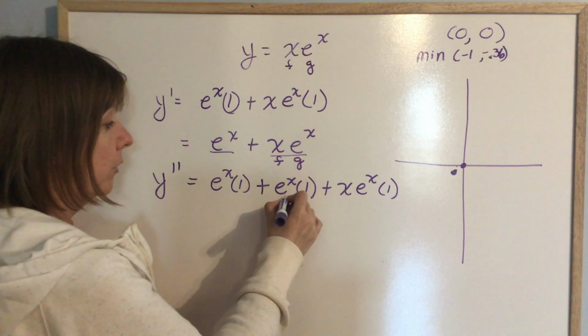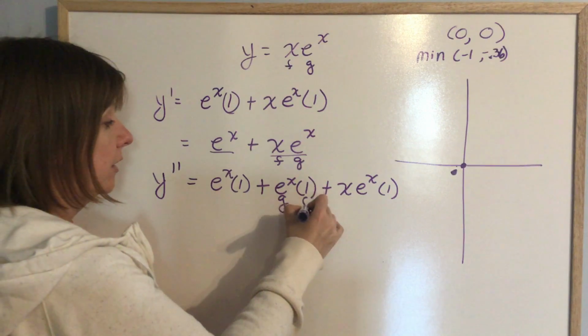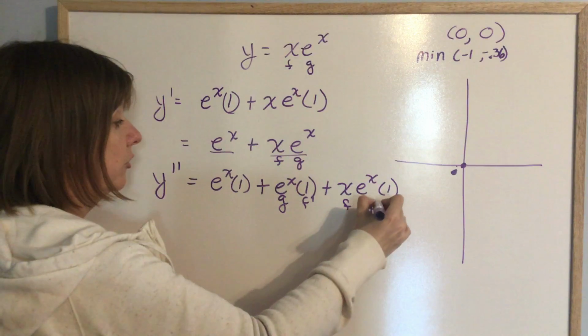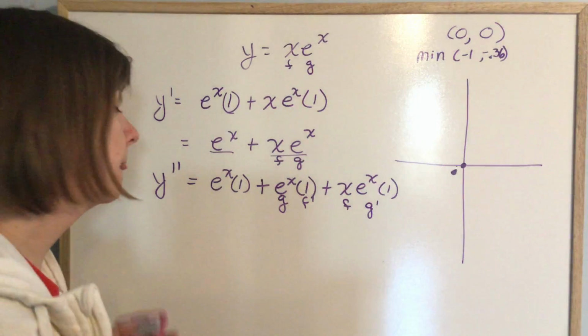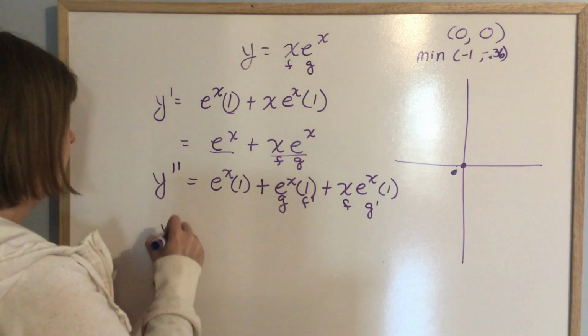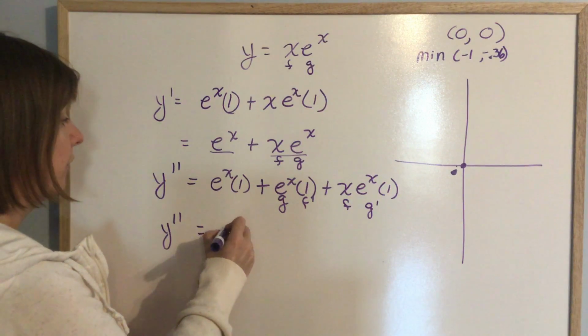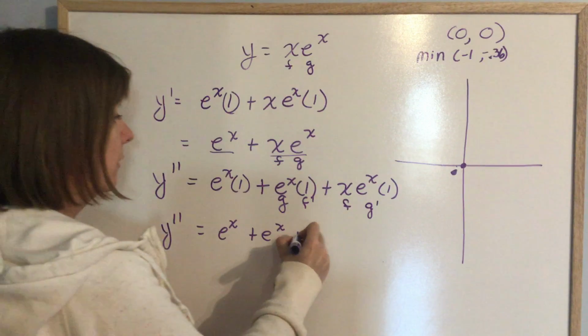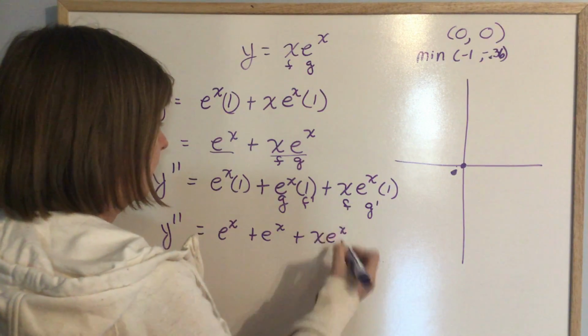That's what that is. All right, so if I put this all together, I have e to the x plus e to the x plus x e to the x.